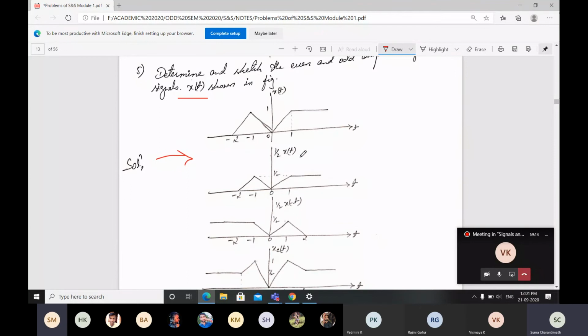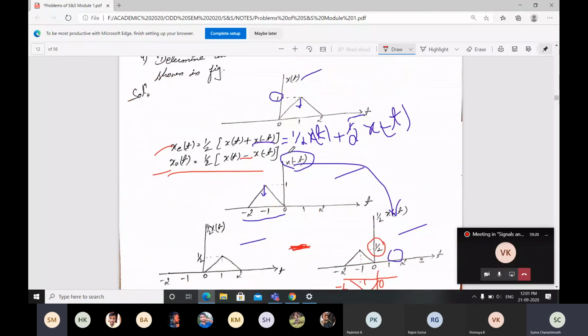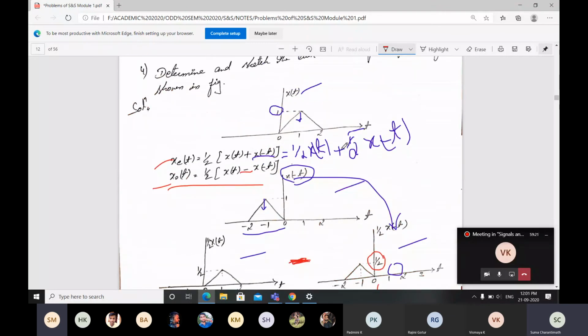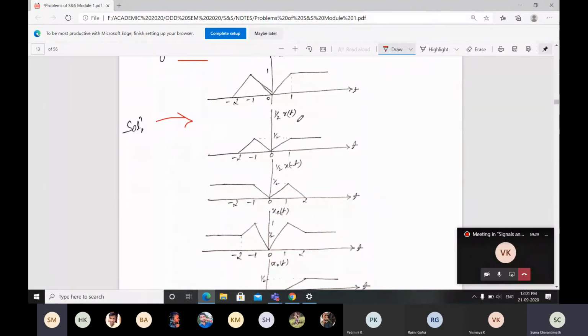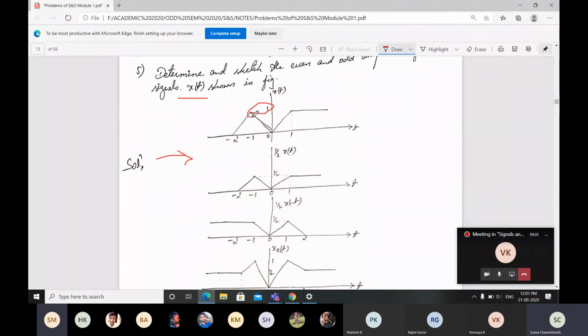Okay. Here, first, what I did, I multiplied 1 by 2 x of t like this. What I explained here, 1 by 2 x of t plus 1 by 2 x of minus t. Same thing, 1 by 2 x of t means the amplitude value is going to be changing from 1 to 1 by 2. Then the reflection of this x of t, x of minus t, is the reflected version of this.